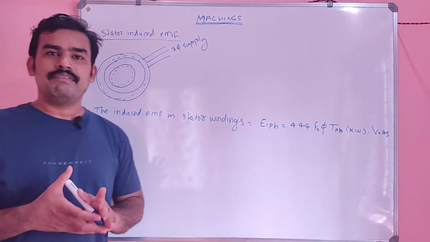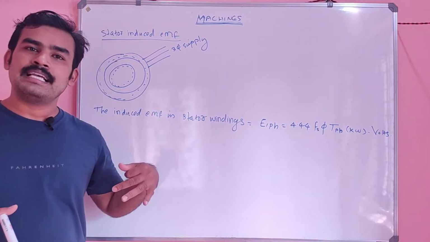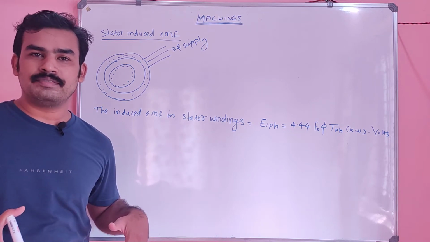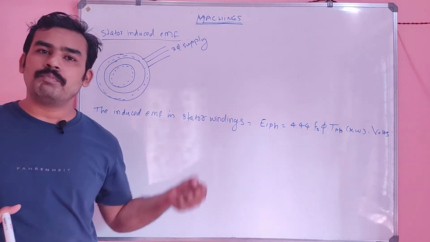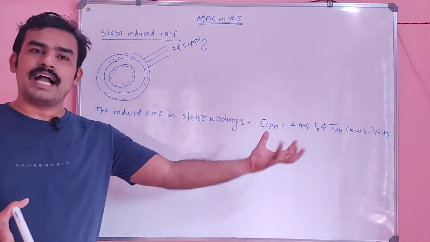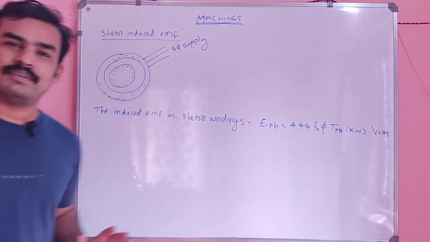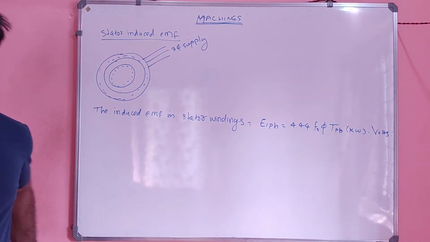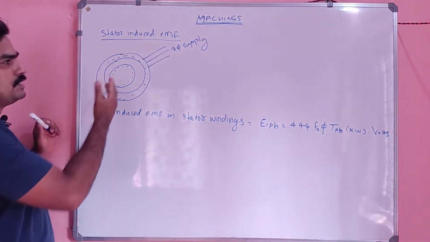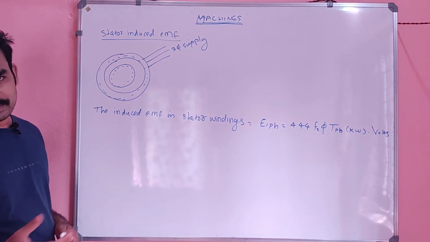We give supply to the primary winding in the transformer, and to the stator winding in the motor. We take output from the secondary winding of the transformer, and from the rotor of the induction motor. Only that is the difference. So this induction motor can be considered as a rotating transformer.